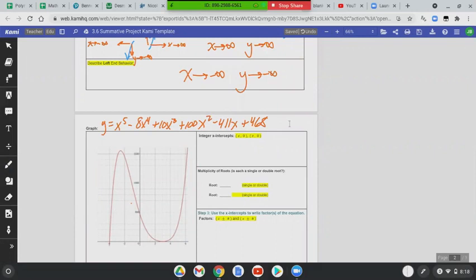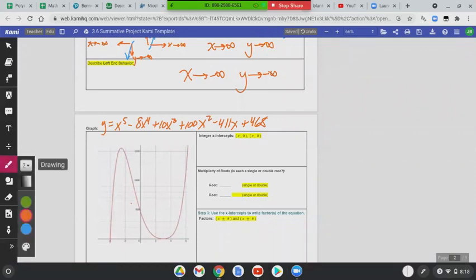So next thing I need to do is identify my x-intercepts if I can from the graph. As I do that, I have an x-intercept here. I also have an x-intercept there. So I have an x-intercept at the point -4, 0.